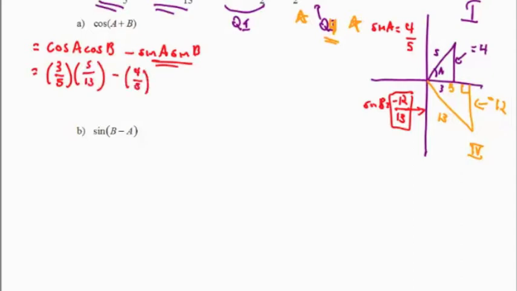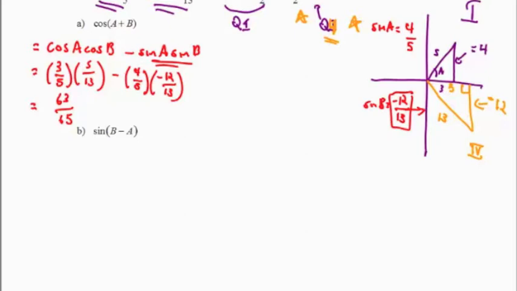Cool. Let's plug it in. The cosine of A, we already said, is 3/5. Cosine of B, again, we said is 5/13. And we're subtracting the sine of A, which we found, and the sine of B, well, that's negative 12 over 13. Sweet. We can reduce these fractions, but we end up with something like this, 63 over 65.